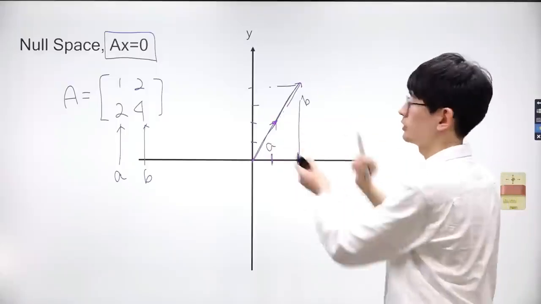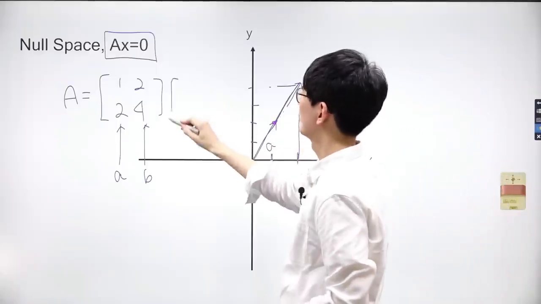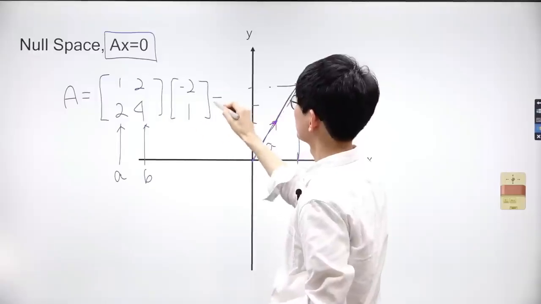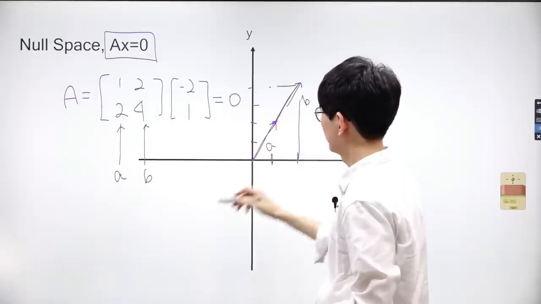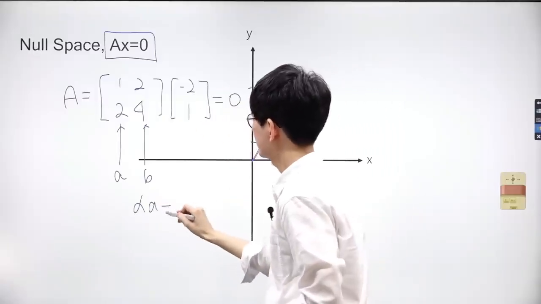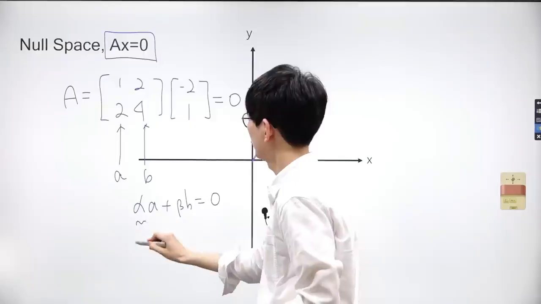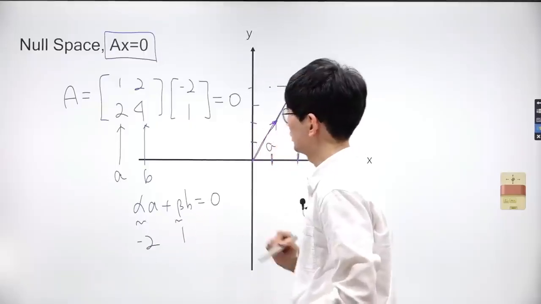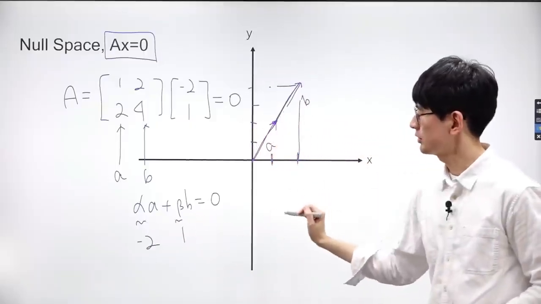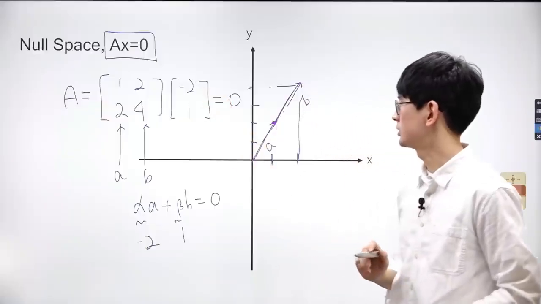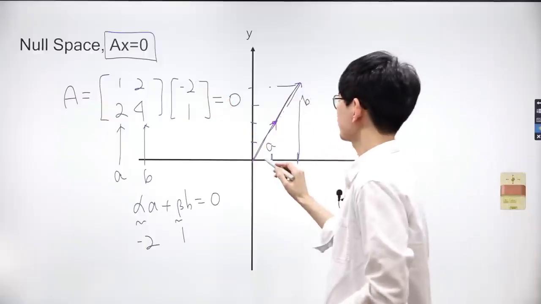When we plot these vectors on the same plane, we observe that we can obtain vector B by scaling vector A by 2. Therefore, one method to obtain 0 from the two vectors is to scale vector A by 2 and then subtract vector B. Consequently, we can satisfy the equation by multiplying by the vector -2 and 1, making the right-hand side of the equation 0.